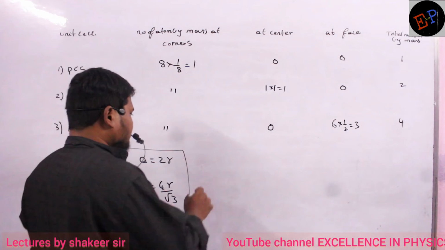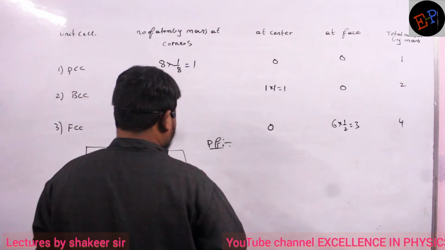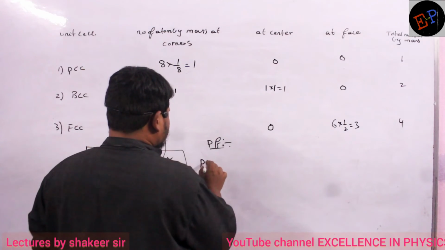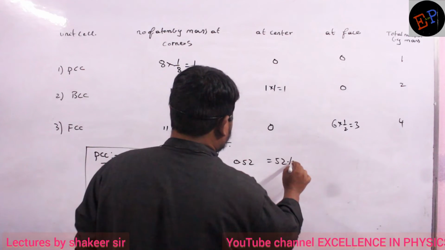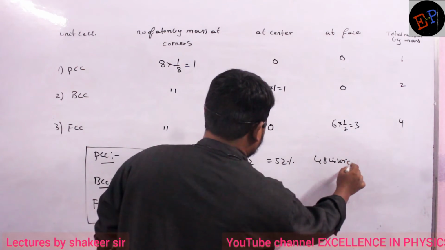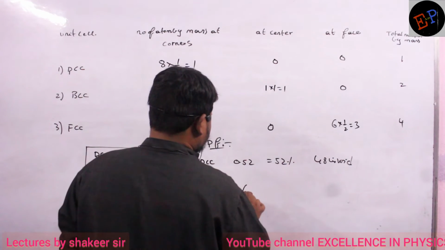Next we will see packing fractions also. Okay. So packing fraction for PCC is 0.52, or you can say 52% is full and 48% is void. Understood? For BCC, it is 0.68.